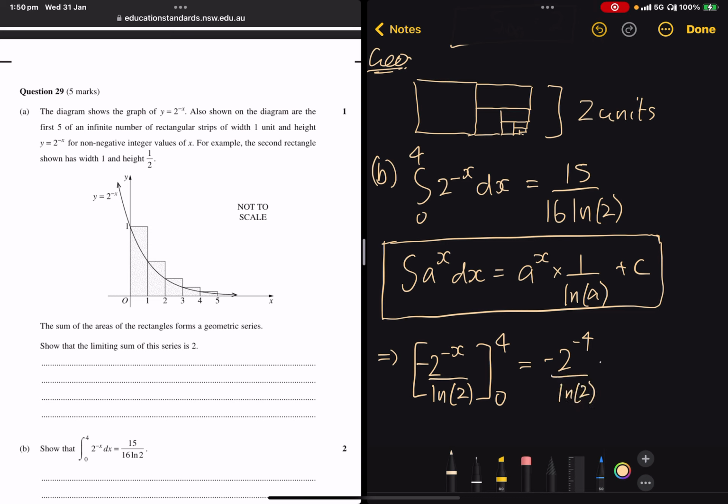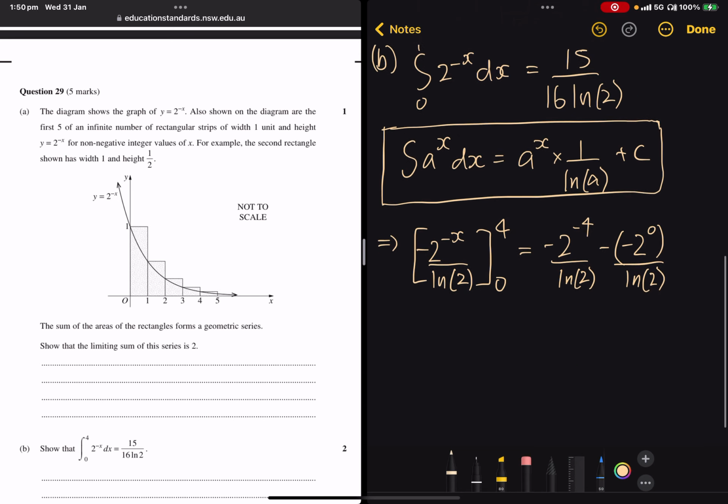At 0, this is minus 2 to the 0 over the natural log of 2. So we have minus 2 to the minus 4 over natural log of 2 minus, minus 2 to the 0 over the natural log of 2.